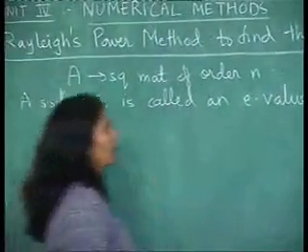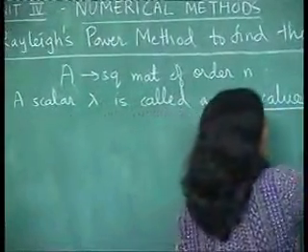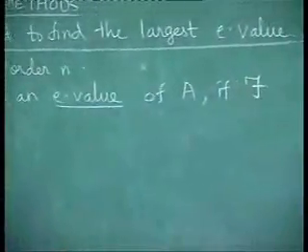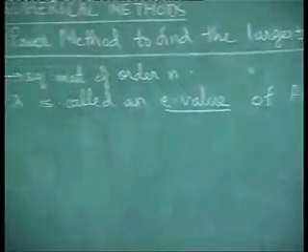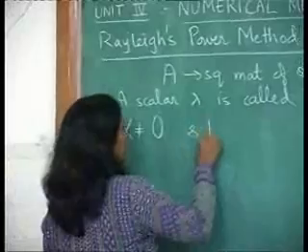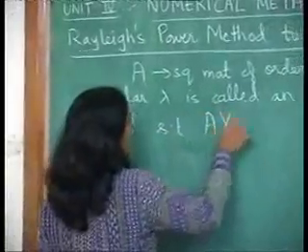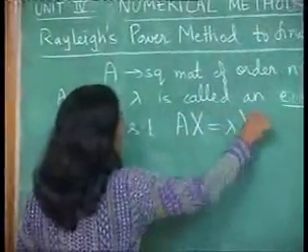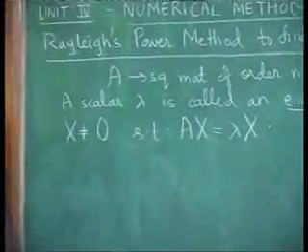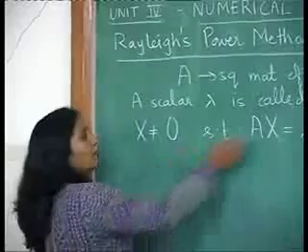So a scalar lambda is called an eigenvalue of A if there exists a non-zero column vector x such that Ax is equal to lambda times x, and there will be infinitely many.